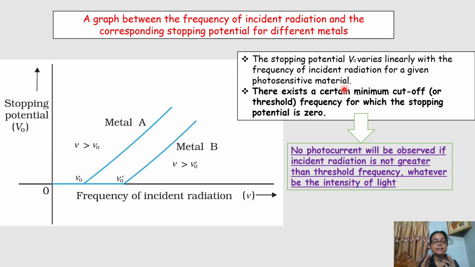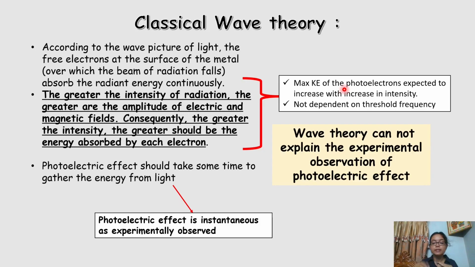Now, all these experimental observations were tried to be explained using the classical wave theory. According to the classical wave picture of light, when the light is incident on the metallic surface, the energy is absorbed by the electrons.